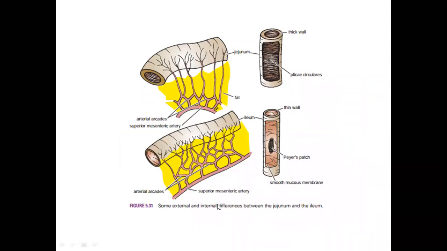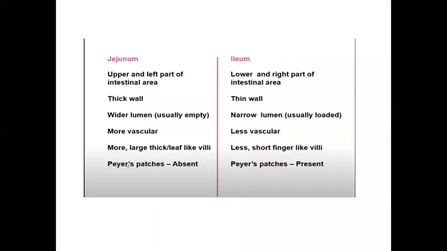But in the case of the ileum, the wall is thin and it also has these Peyer's patches, while the jejunum does not have these Peyer's patches. Jejunum is the upper and left part of the intestinal area, while the ileum is the lower and right part of the intestinal area.